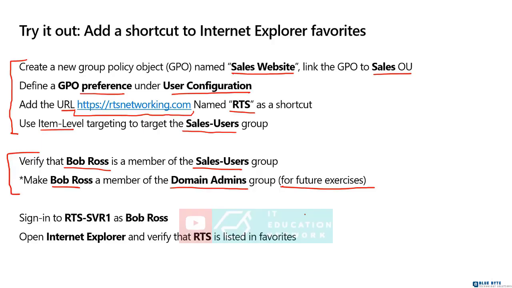So that is not directly related to group policy, just something that we're going to do so everything works for us in future exercises. Once that's verified in Active Directory, I'm going to sign into RTS Serve 1, and I'm going to log in as Bob Ross. We're going to go to Internet Explorer, and I'm going to verify that RTS is actually in favorites in Internet Explorer.